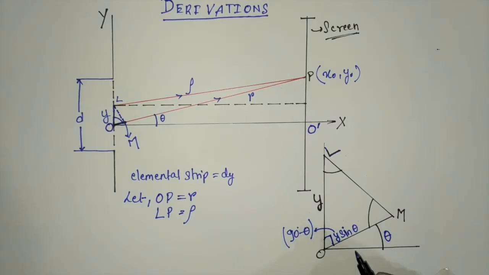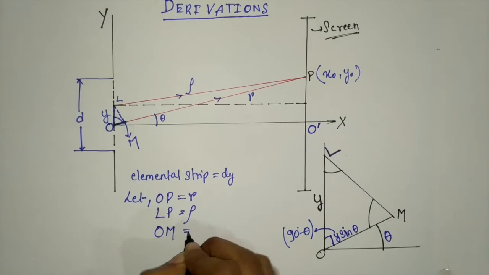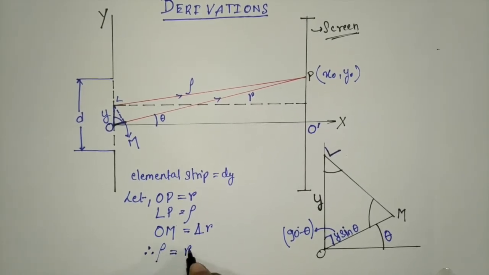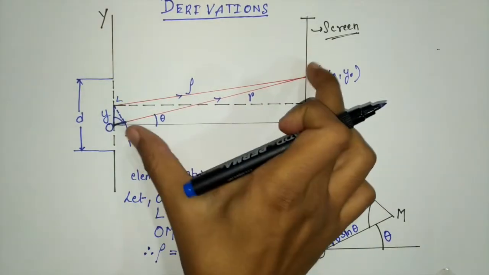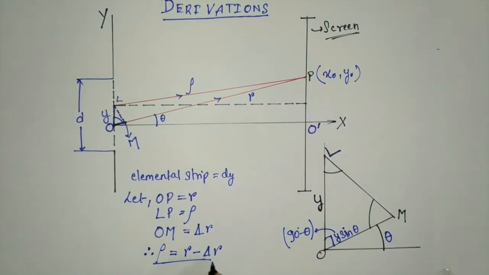So if we consider the distance OM as equal to delta R, therefore we can see rho will be equal to R minus delta R. So by considering this, let's proceed further.